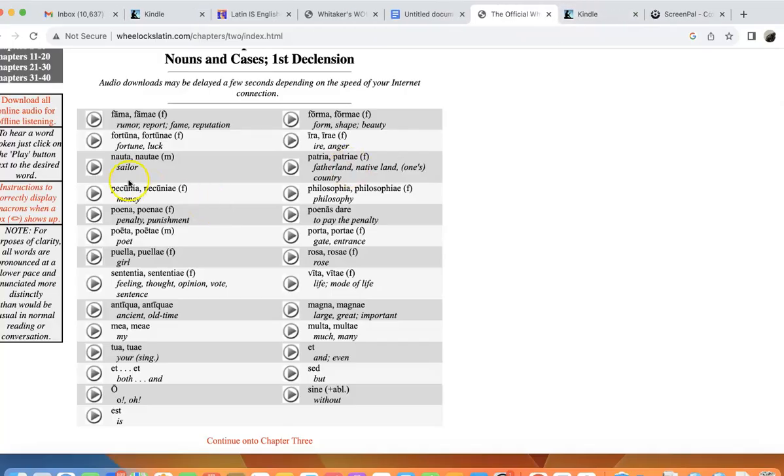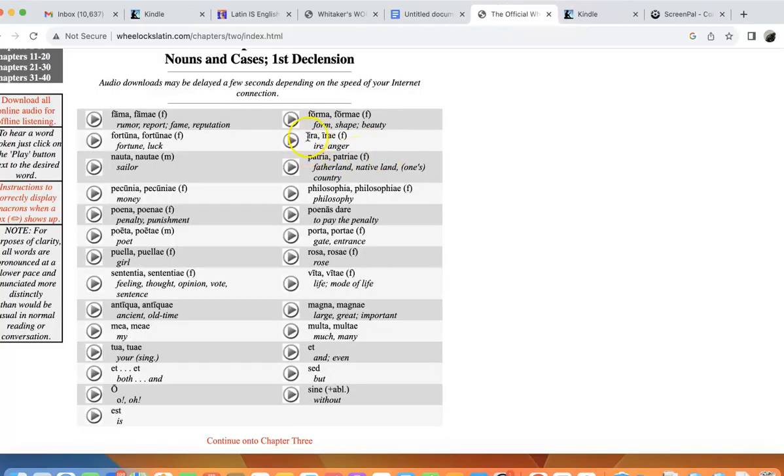Here's one we had: puella, puellae. And let's see if we can get one with a macron. So here's one with a macron: ira, irae. So again, just make the vowels with the macron, the line above it, long. And forma, formae.